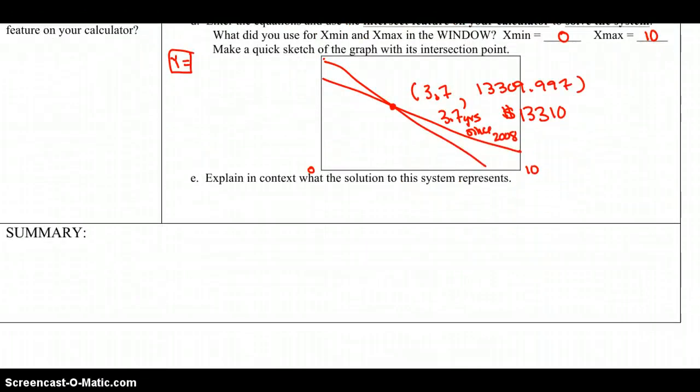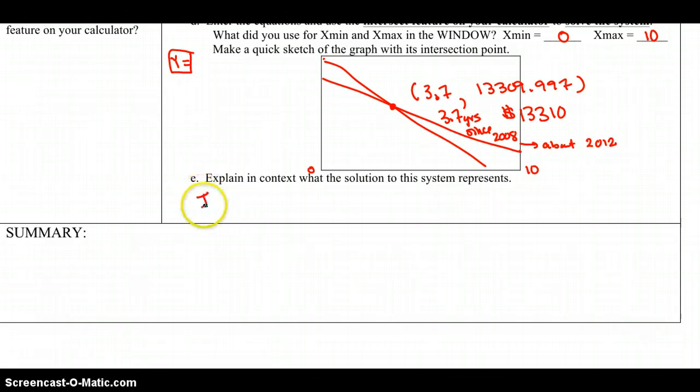So again, if we explain in context what the solution to the system represents, so what do we have? Approximately, if we round this to about 4, this is about 2012.